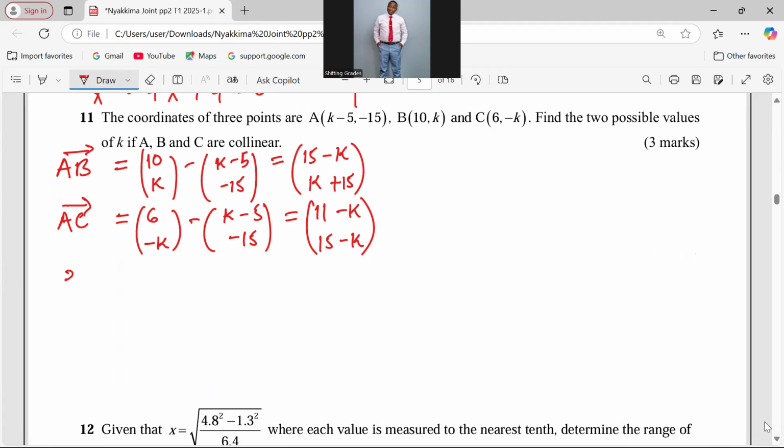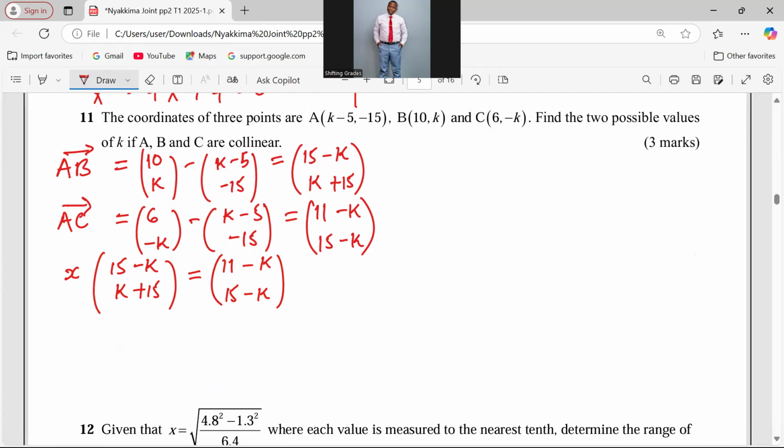When we multiply the first vector, 15 minus k, k plus 15, by x, it gives us the second one, 11 minus k, 15 minus k.